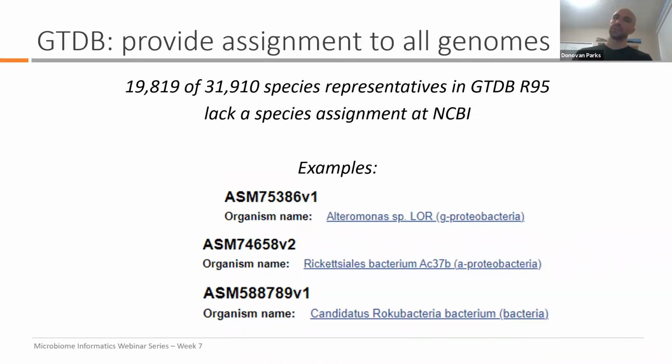This is one aspect that the GTDB tries to address: we would really like to divide all the genomic diversity we know of into species clusters, so that we can talk about it in a much more resolved way than we currently can. Because of limitations in the prokaryotic code and the pace at which new taxonomic opinion comes out, a lot of diversity just hasn't been described to that level of resolution.